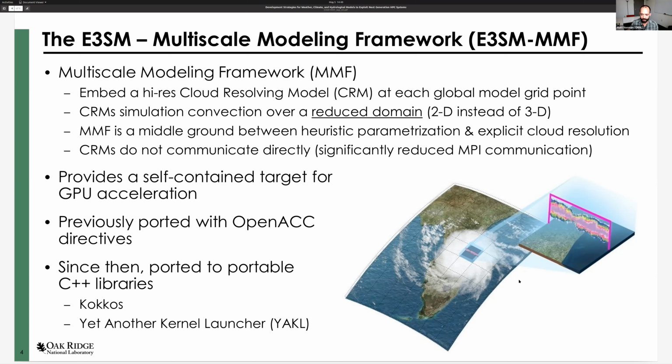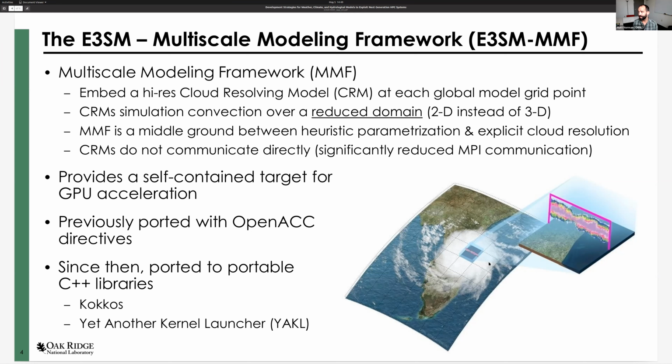Another interesting fact is when we do the multi-scale modeling framework, when we have a cloud resolving model in adjacent grid points, they do not directly talk to one another. So that means that the vast majority of the computation in the model no longer has MPI communication interrupting the computations. So this was a really good target for GPU acceleration.